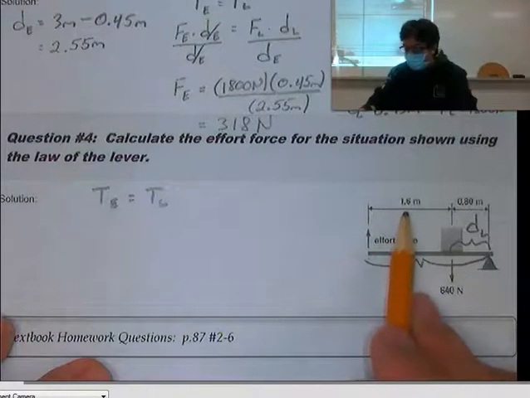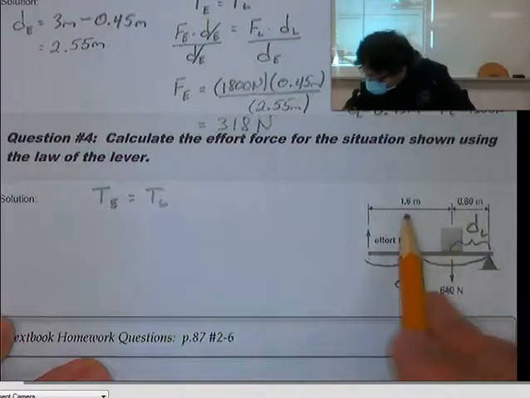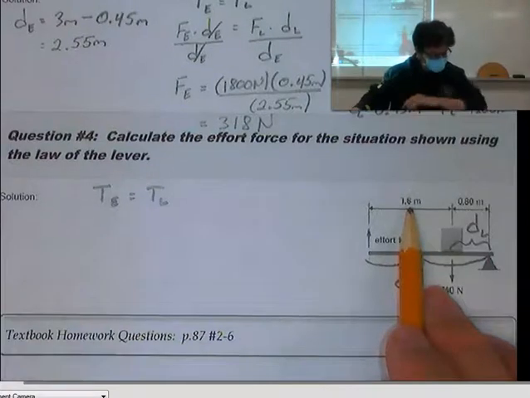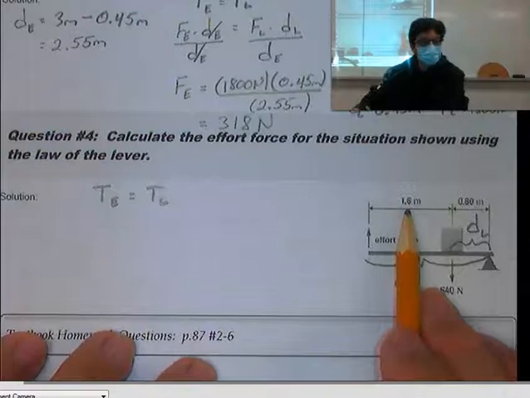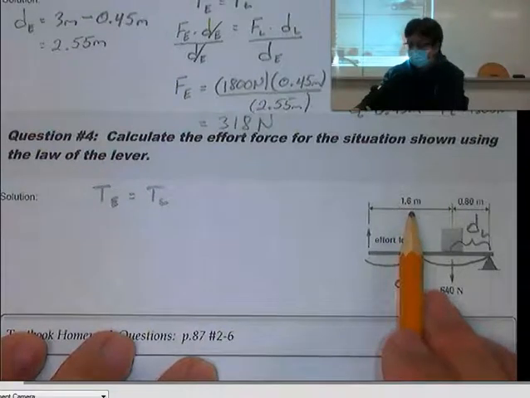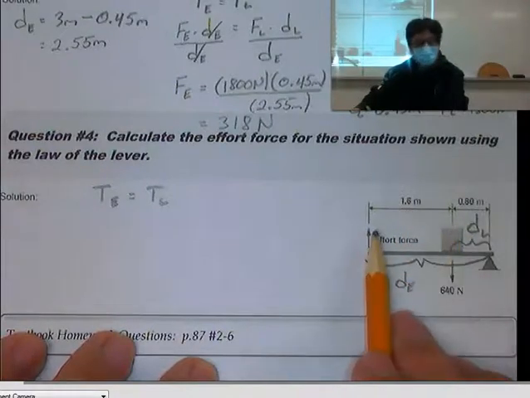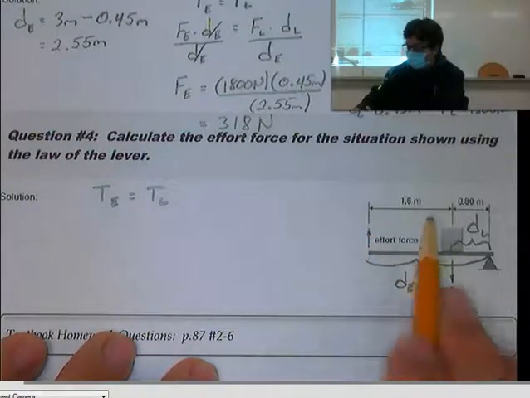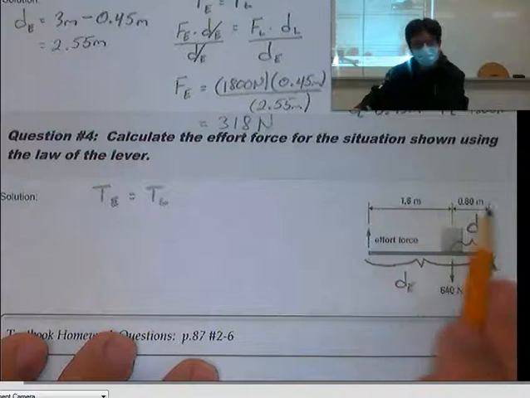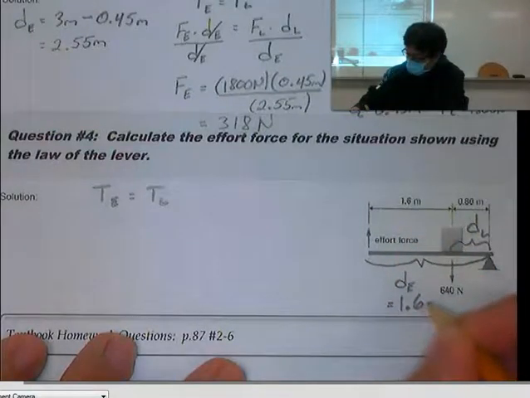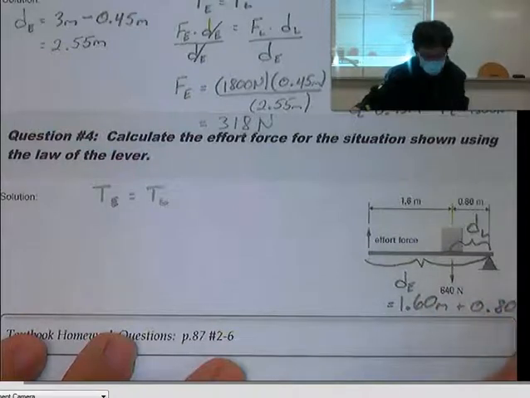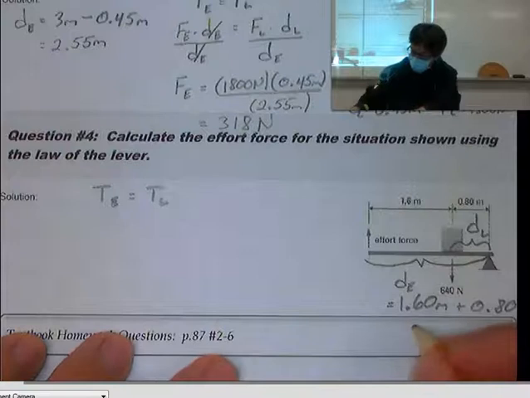That is not 1.6 meters. The 1.6 meters in this diagram is from the load to the effort force. If we want to know what the effort arm is, we need to figure out that total distance. So it'll equal 1.6 meters plus 0.8 meters, which is 2.4.